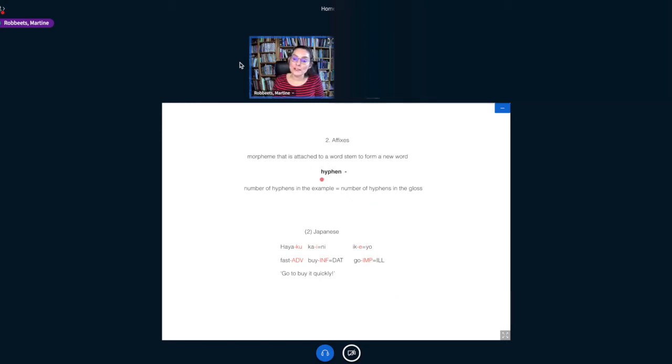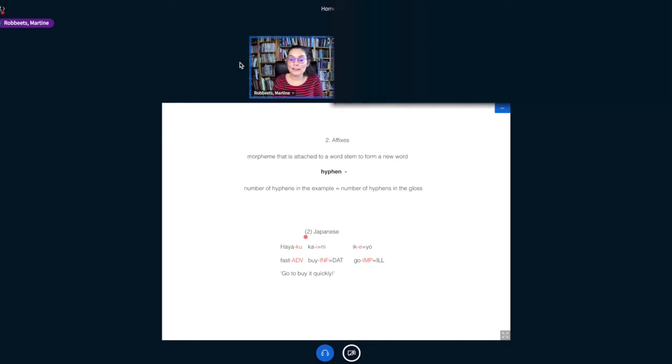Such suffixes are separated from the word using a hyphen. And a good thing to do is to check for each example whether the number of hyphens in the example is equal to the number of hyphens in your gloss.